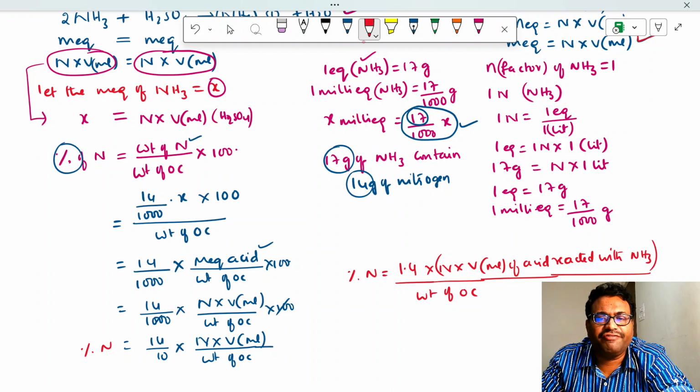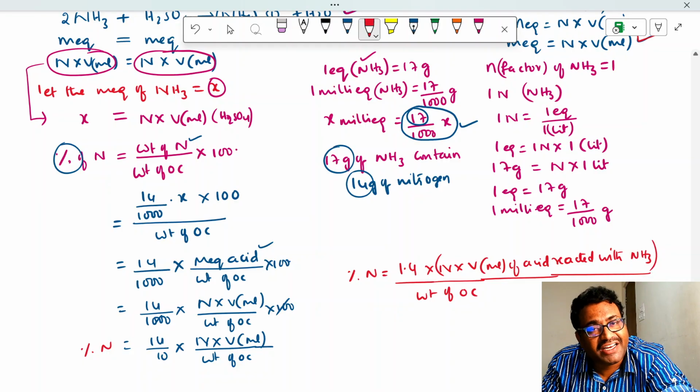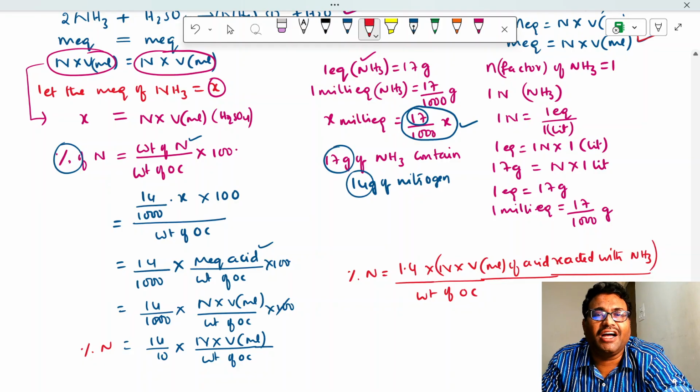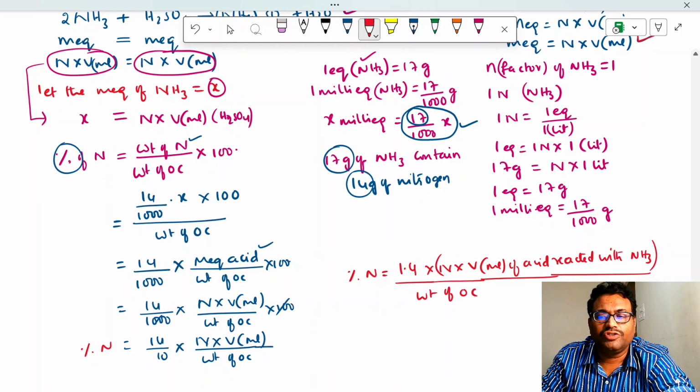So percentage of nitrogen can be calculated by the formula 1.4 into normality into volume in ml of the acid that has completely reacted with NH3, milli equivalents of acid reacted with ammonia, by weight of the organic compound. So we need to remember this formula, right?